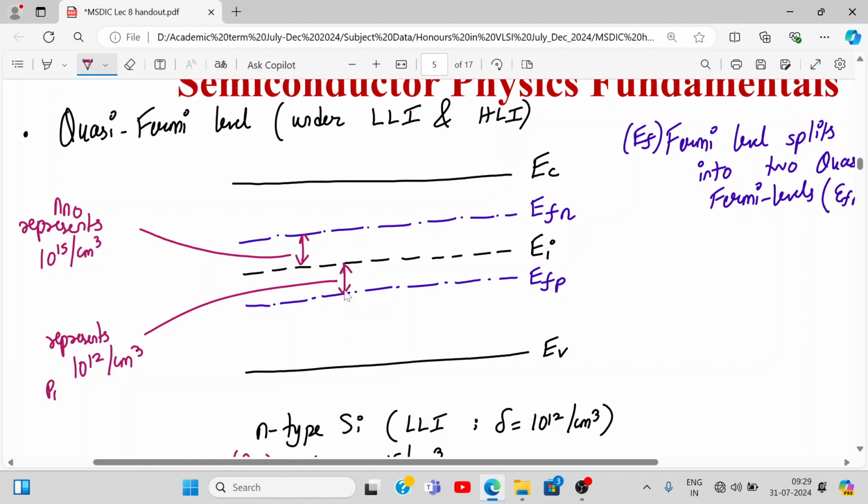Because now PNO becomes equal to delta, so this concentration is this much. Okay, draw it. And what is the concentration over here? Concentration here is Ni.